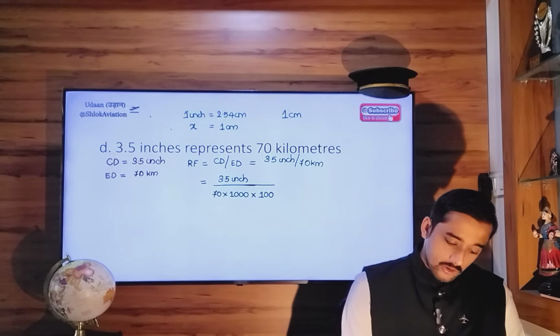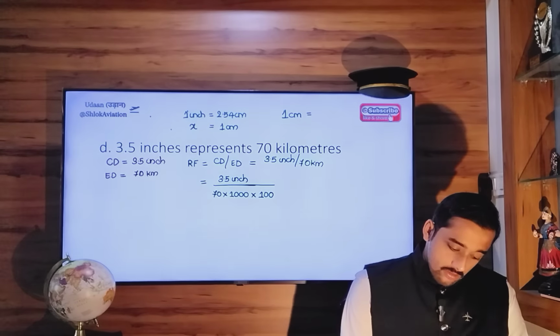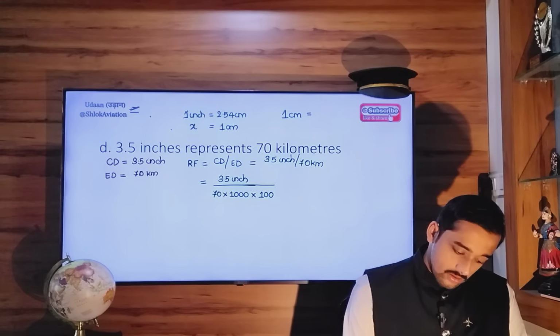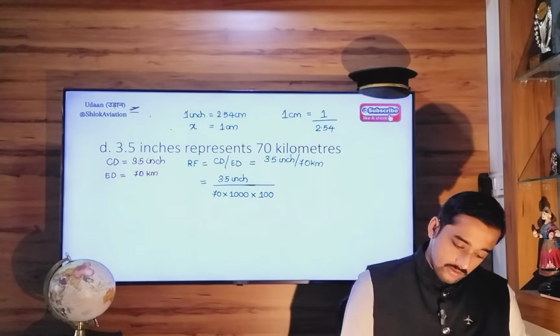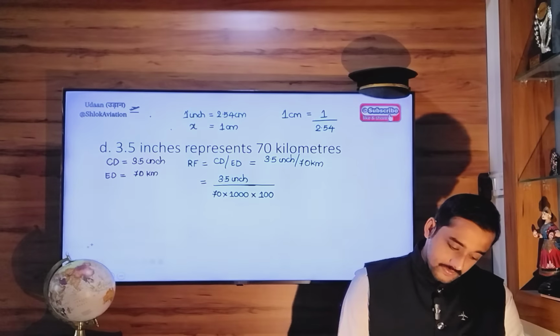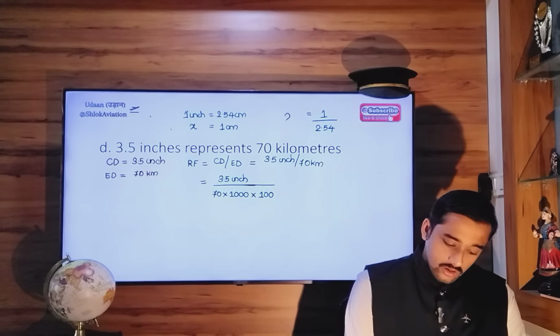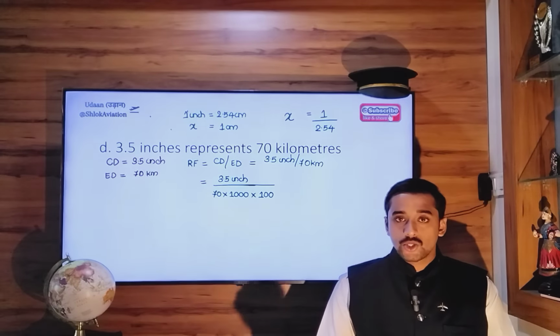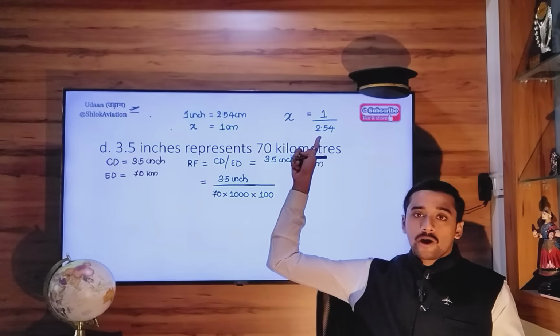That will be equal to 1 divided by 2.54. So x will be equal to 2.54, right?